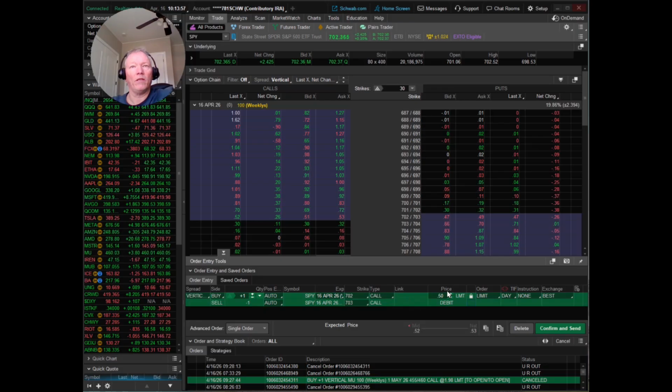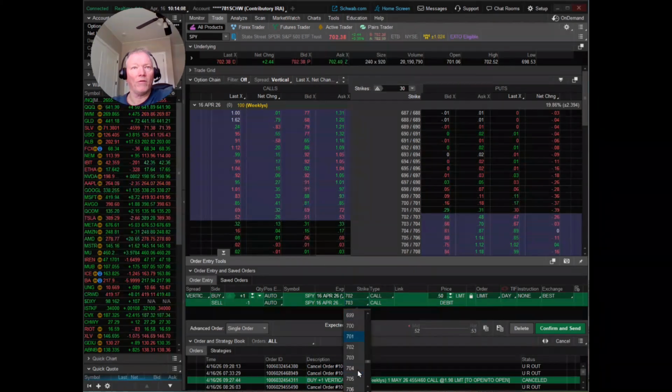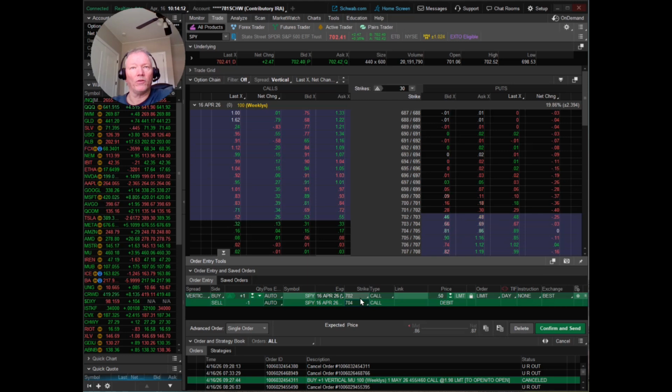So again, the most you can lose is whatever the debit is you pay. The most you can make is whatever this spread is down here that you have in the trade. Now we could widen this out. Let's say we wanted to go up a little bit higher and make it $2 wide, then our cost would be about 86 cents.